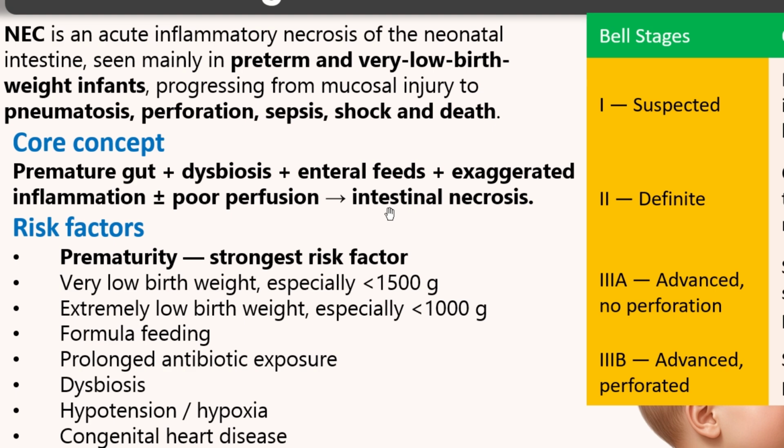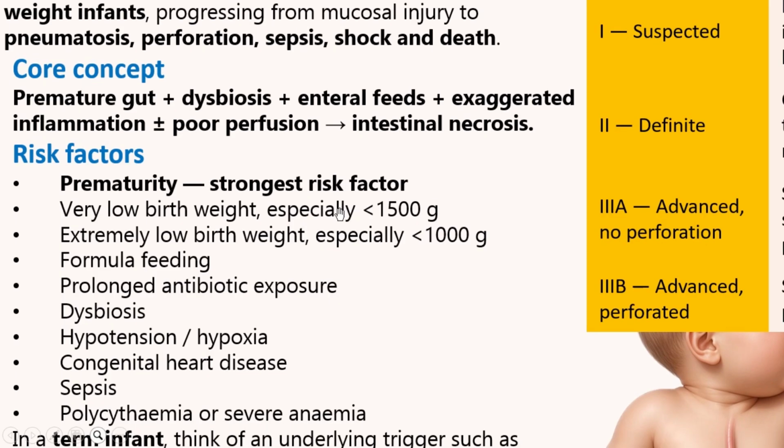So when we look at the risk factors, prematurity is one of the strongest risk factors, and very low birth weight, especially when we have a weight less than 1.5 kg or 1,500 grams, then we have a very high likelihood that the intestines of that neonate are poorly developed. And with extremely low birth weight, especially below 1,000 grams, it's almost inevitable.